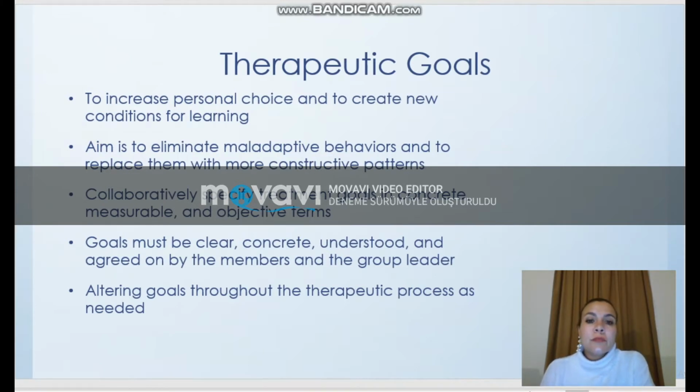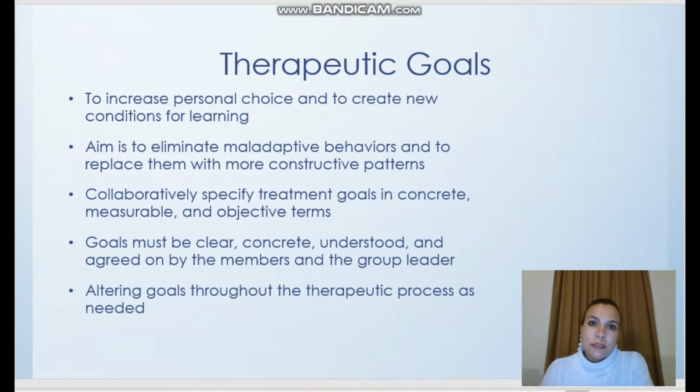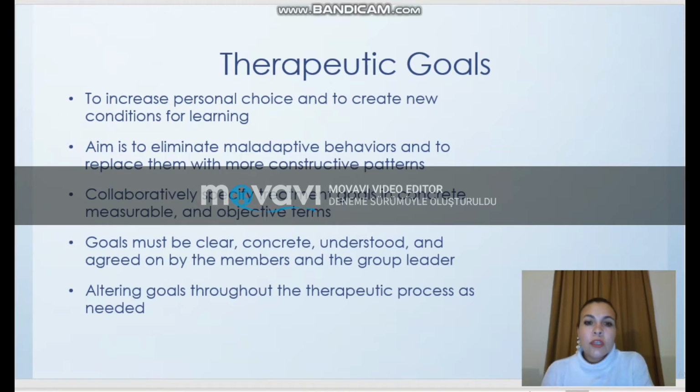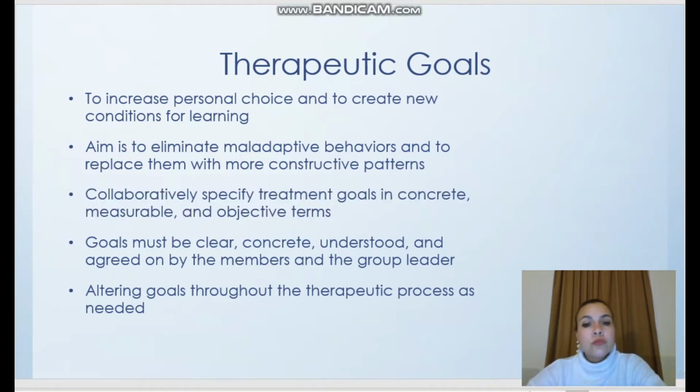It aims to eliminate maladaptive behaviors and to replace them with more constructive patterns. They collaboratively specify treatment goals in concrete, measurable, and objective terms. Goals must be clear, concrete, understood, and agreed on by the members and the group leader. And altering goals throughout the therapeutic process as needed is accepted.